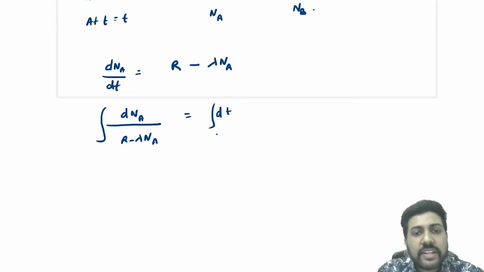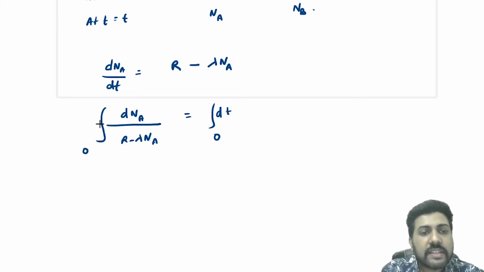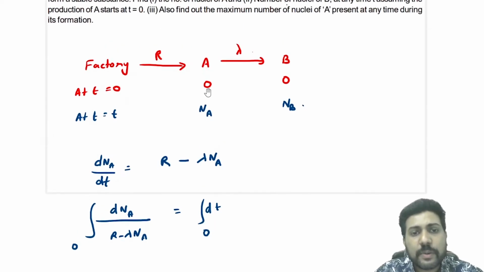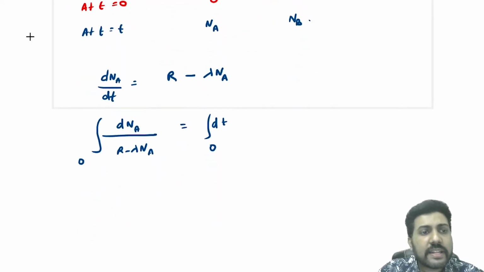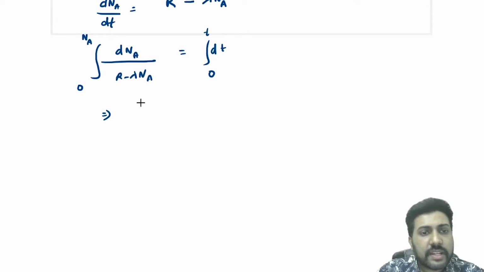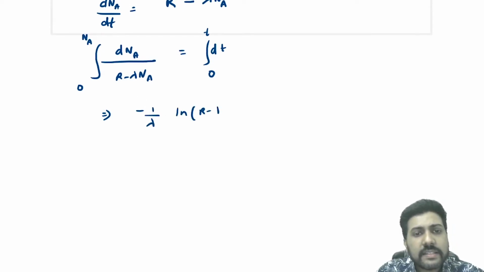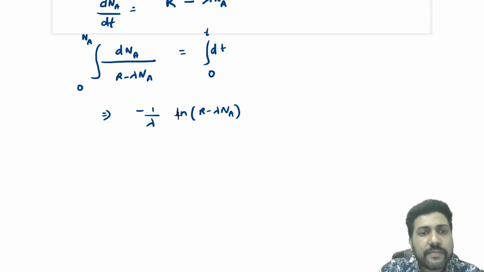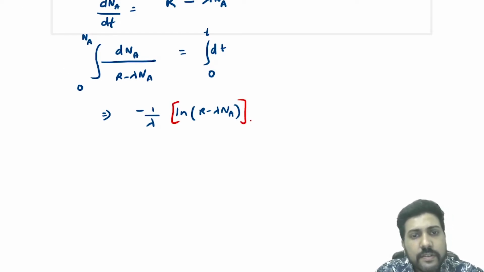Now at t equal to 0, the number of nuclei of A is 0, and at any time t, the number of nuclei of A will be Na. So when you integrate, you get minus 1 by lambda ln (R minus lambda Na), integrated from 0 to Na, is equal to t.